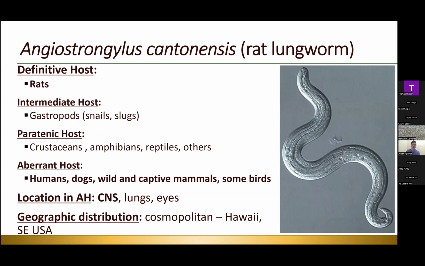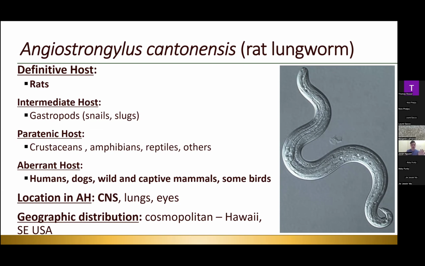And then aberrant hosts, a similar thing to paratenic hosts in a way, but think of it as when a host that's not supposed to be the definitive host gets infected. So you're taking the place of the rat in this case. And that's where a lot of the problems happen.